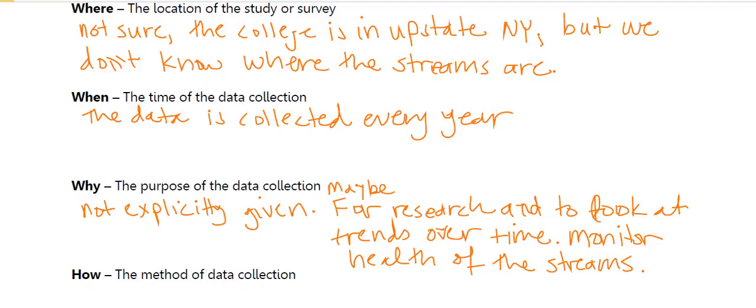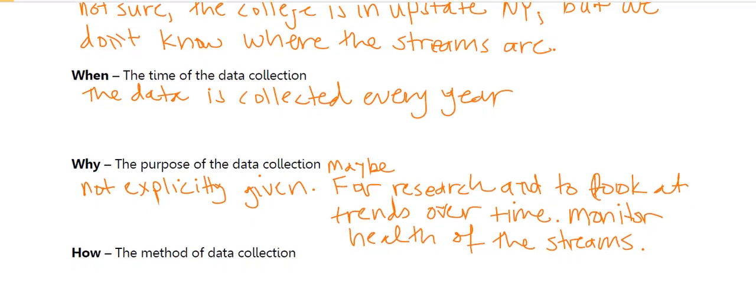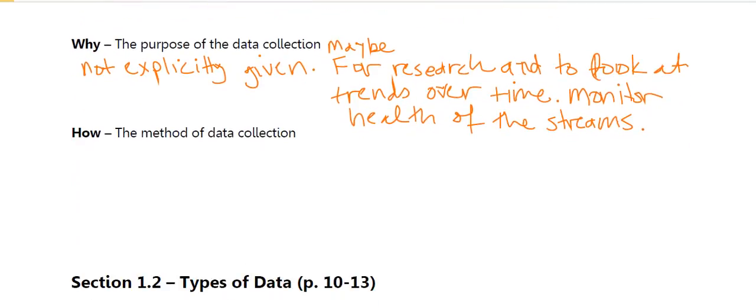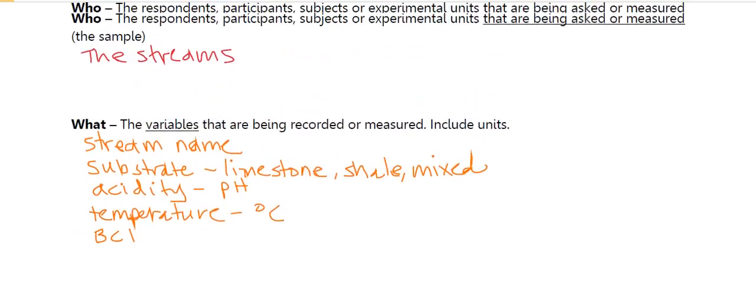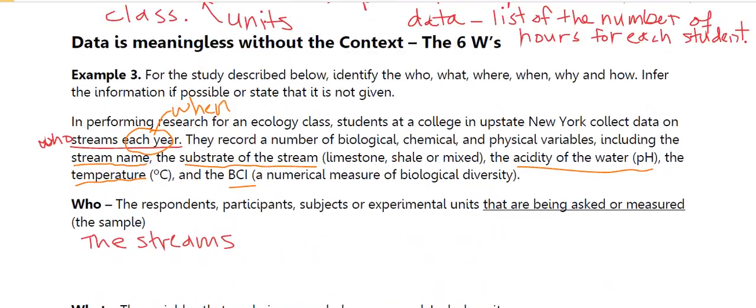And the very last of the W's, which is the H, is how. How are they collecting this data? So let's see if there's any particular information given on how. It does say they record a number of biological, chemical, and physical variables, including the stream name, substrate of the stream, acidity of the water, the temperature, and the BCI.